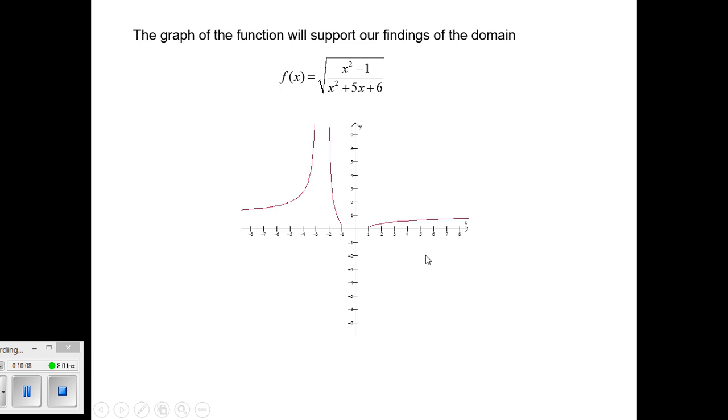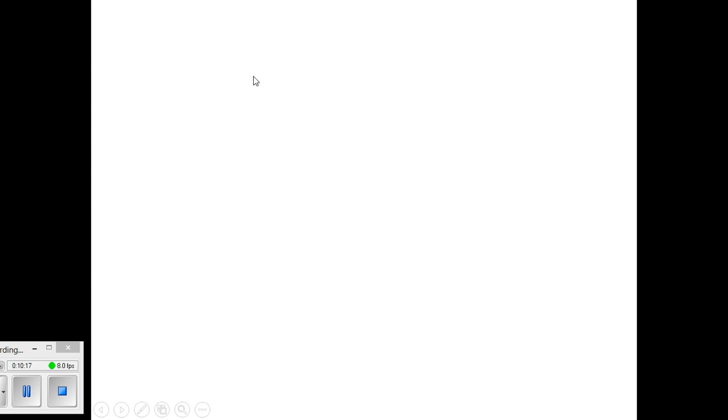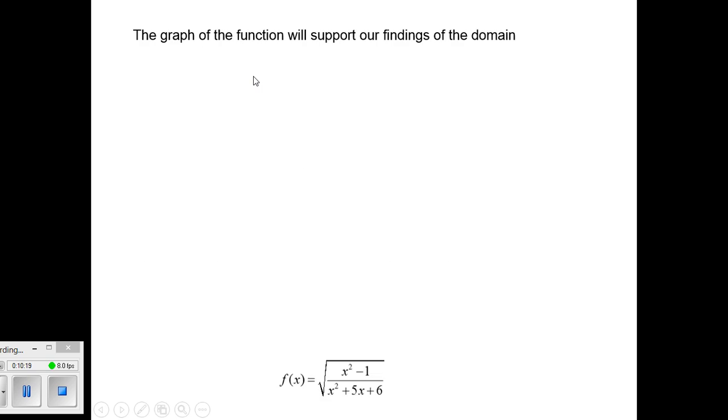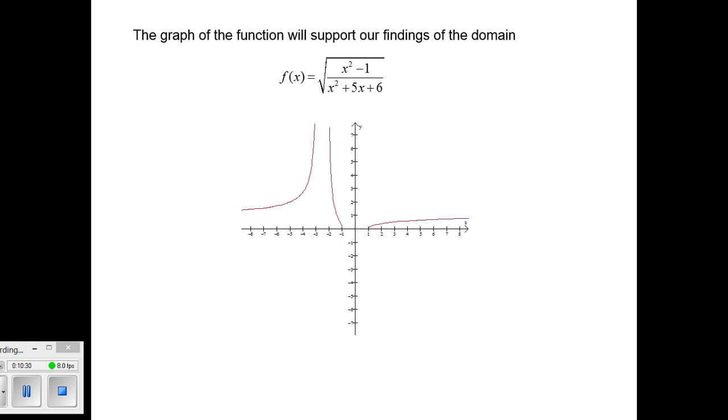How did you know that? Go back. Because you had to make sure what was underneath the radical sign was greater than 0, which we did our sign table for, and lo and behold, when we got the picture, this is what resulted.